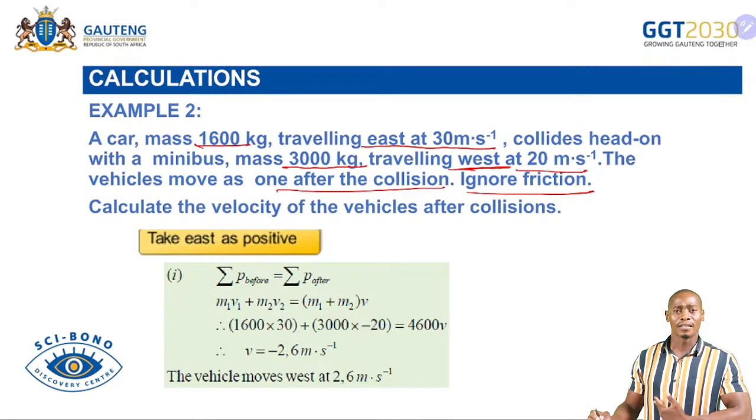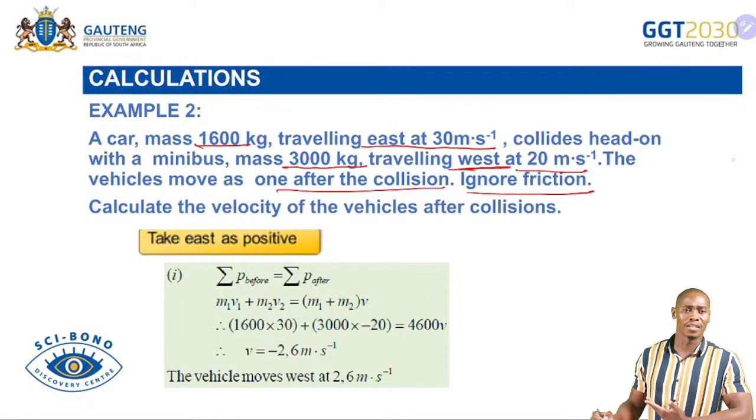Two, is the system isolated? Yes, it is isolated because frictional force is ignored. Three, is this linear motion? Yes, it's linear motion. The minibus and the car are moving on a horizontal surface. Remember, they can't move vertically.